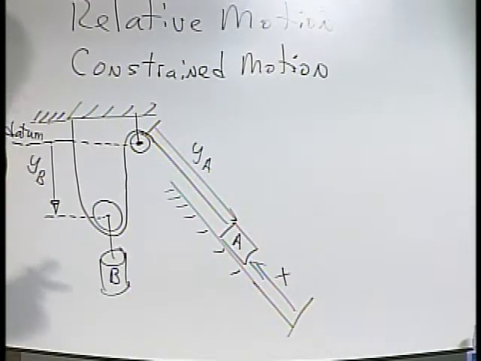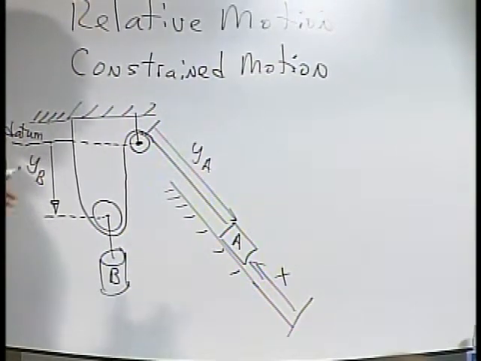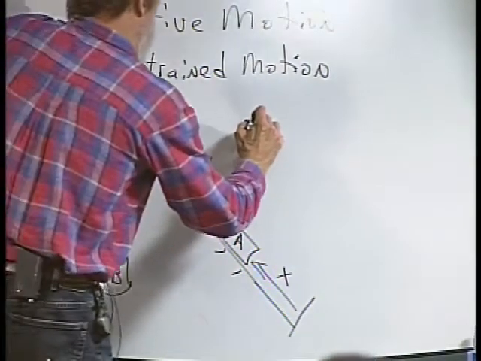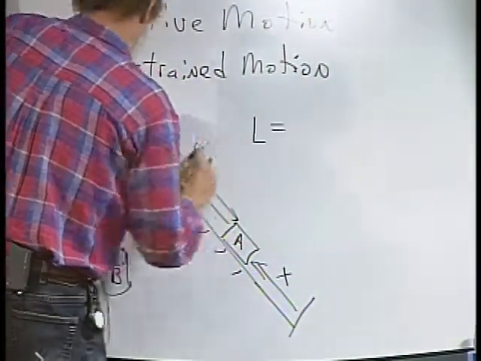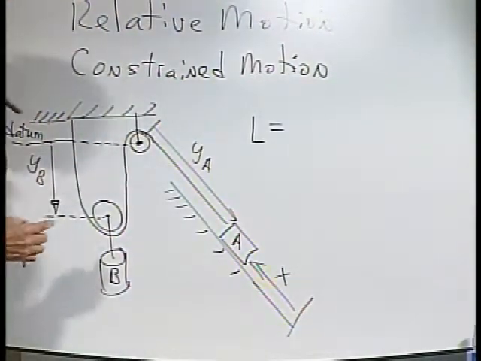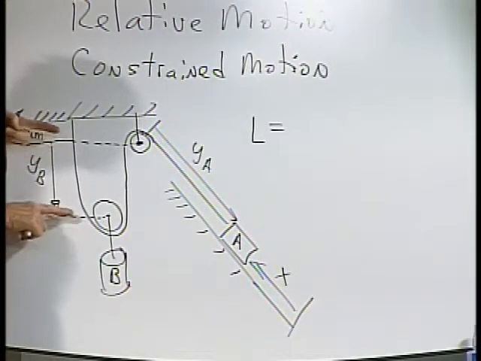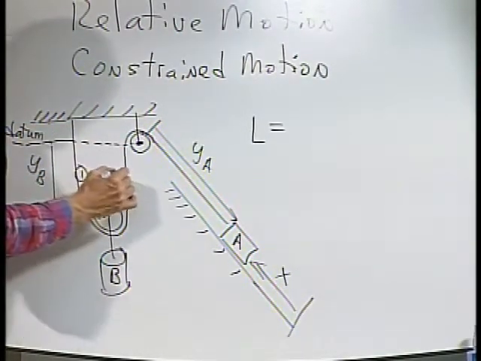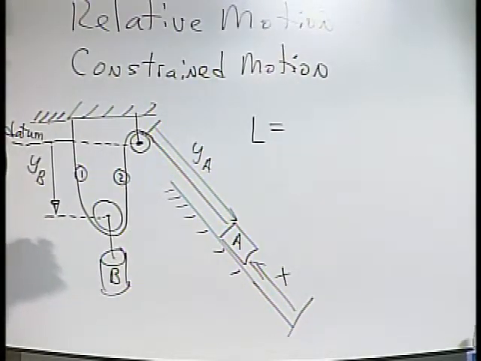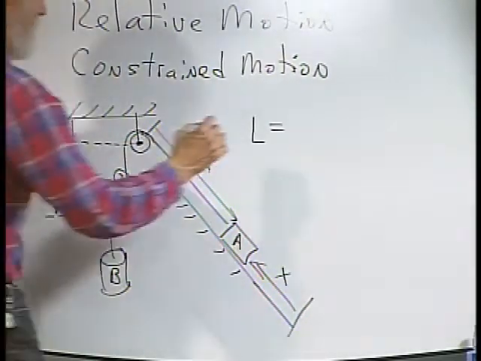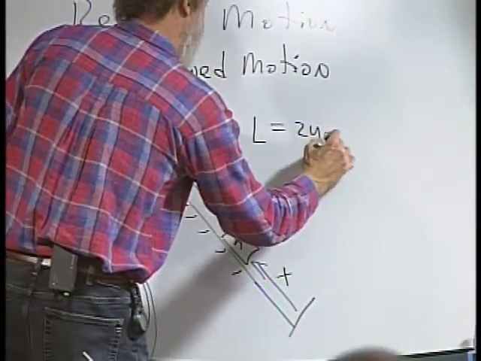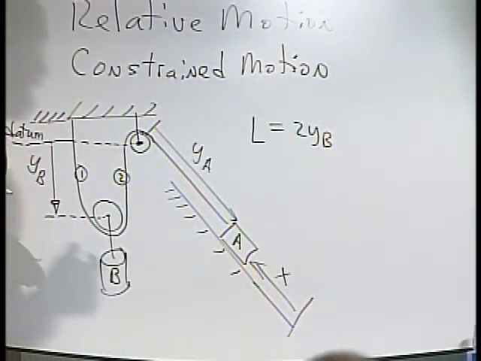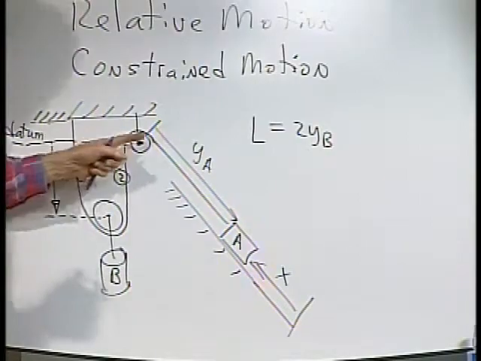Now, the most convenient way to do these problems is to write an expression that describes the length of this cable. This cable length is made up of two pieces that are y sub b long, here and here, so 2 y sub b, plus y sub a.